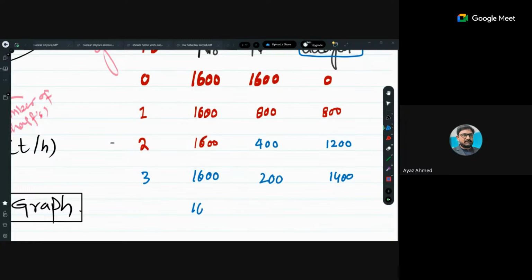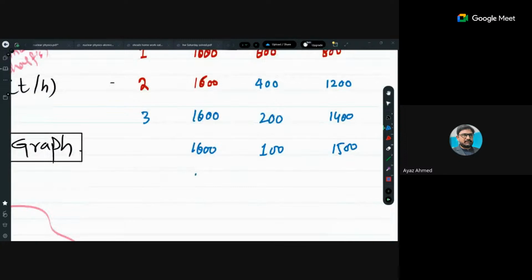Then out of 1600, there will be 100 left, and decayed will be 1500. Are you getting my point? That would remain 1600, but this would become 50, and this would become 1550. So I have a question.